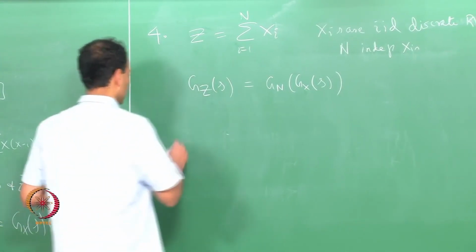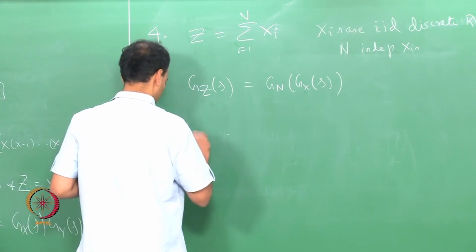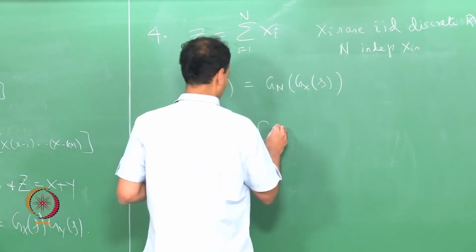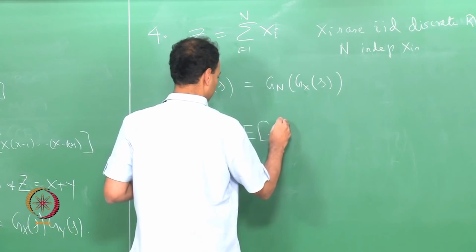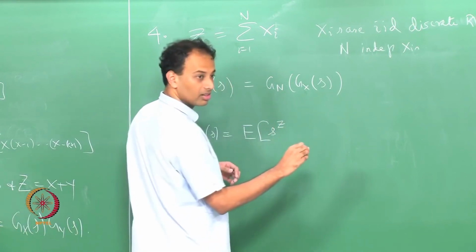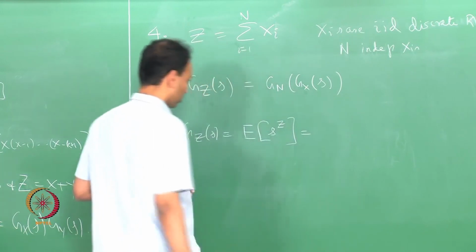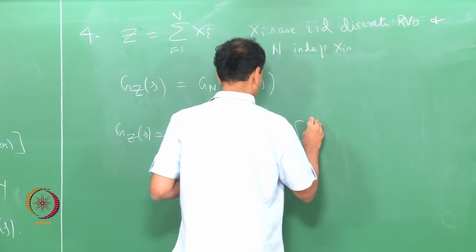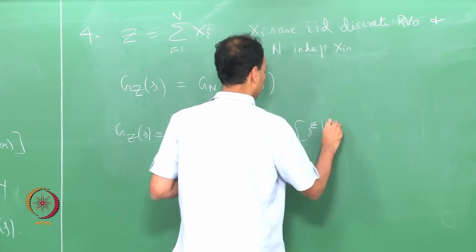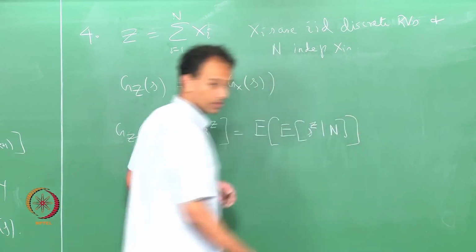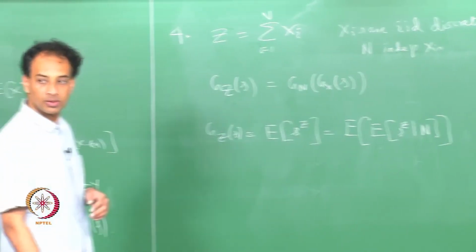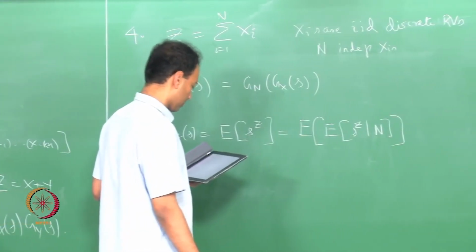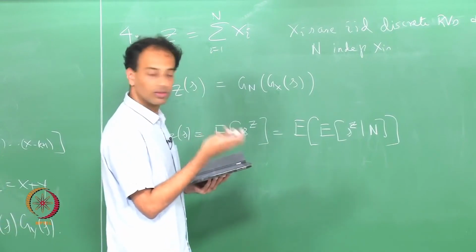So you have g z of s is equal to the expectation of s power z, right. That is, you write this as the expectation of s power z given n. This is by iterated expectations.